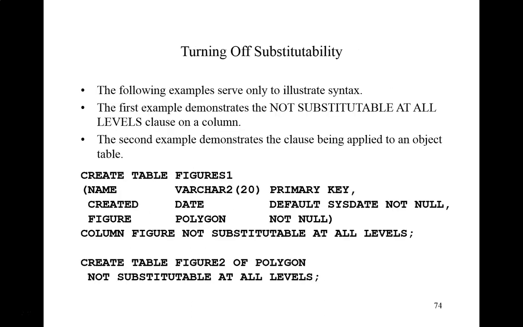The following examples serve only to illustrate syntax. The first example demonstrates the "not substitutable at all levels" clause on a column. The second example demonstrates the clause being applied to an object table.